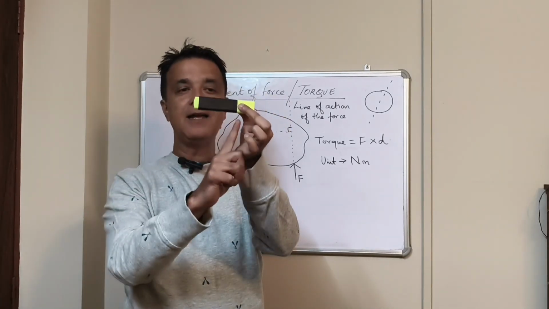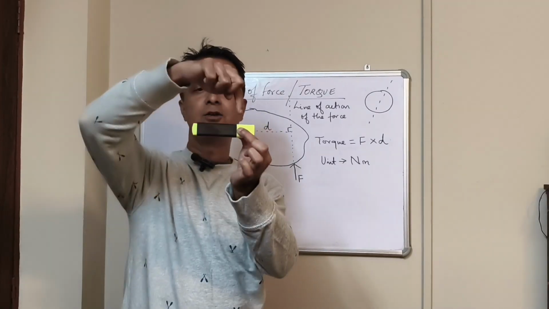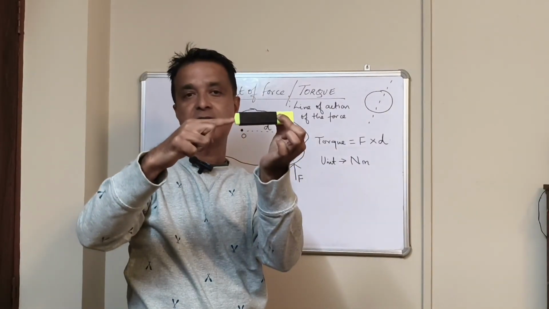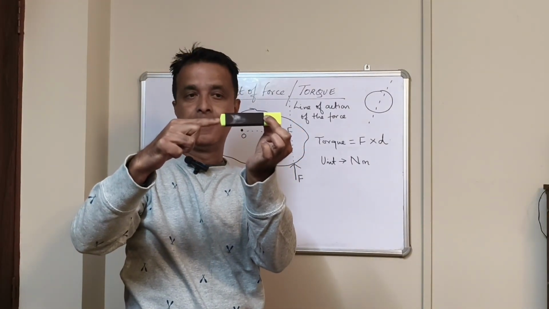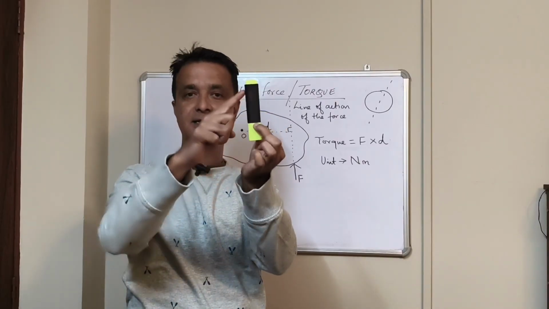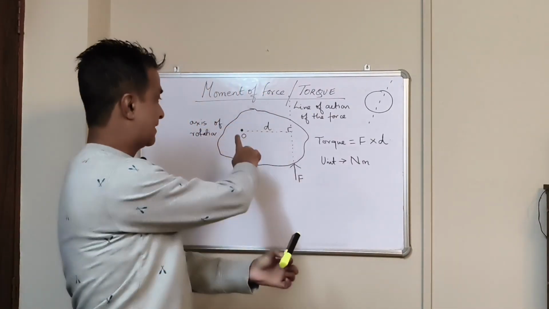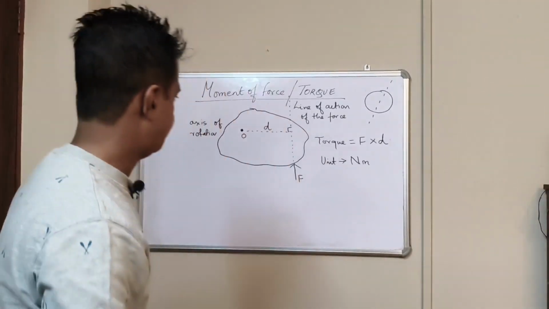Now, if I was to apply force at the axis of rotation, this body will not turn. Here also it will not turn. Why? Because there is no perpendicular distance. So there has to be a perpendicular distance for a body to rotate, between the axis of rotation and the line of action of the force. So that also you keep in mind.